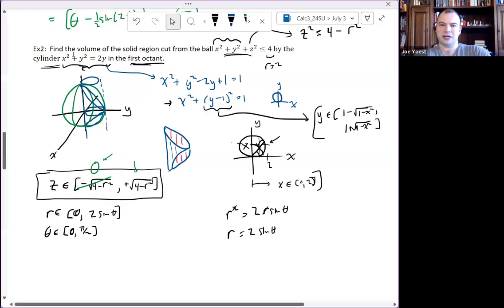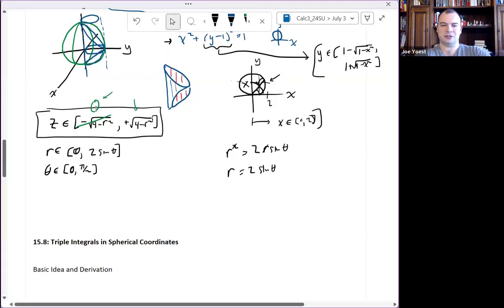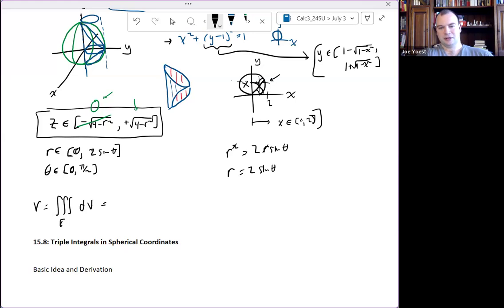Now I'm just looking for the volume. So I'm just looking to do a triple integral over this region dv. That's going to be the integral where theta goes from 0 to pi over 2. r depends on theta and z depends on r.